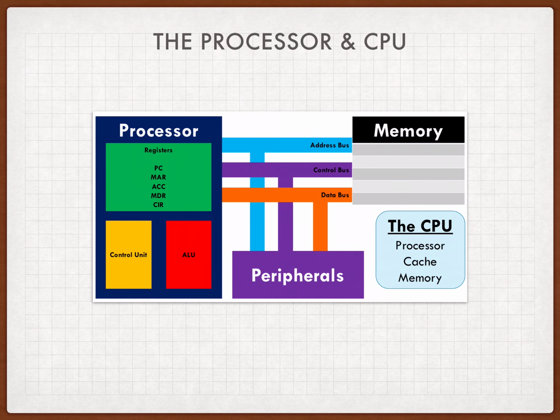The other two components of the processor are the control unit and the ALU, arithmetic and logic unit. The control unit is in charge of executing instructions in the correct order. It also decodes instructions and manages communication between other hardware components and the processor. The arithmetic and logic unit completes 3 types of operation.